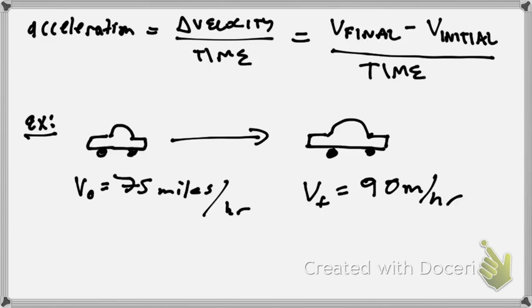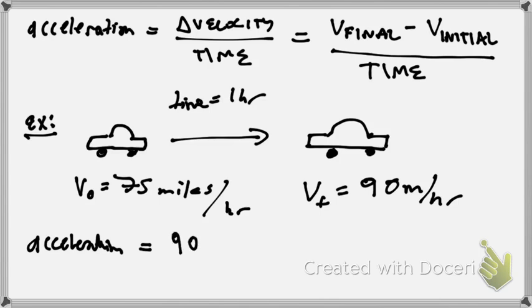All right. So if we were to look at acceleration, in order to find acceleration, what we would do is subtract V initial from V final, and let's just say it went from 75 to 90 in 1 hour, all right? And we did the math, right?